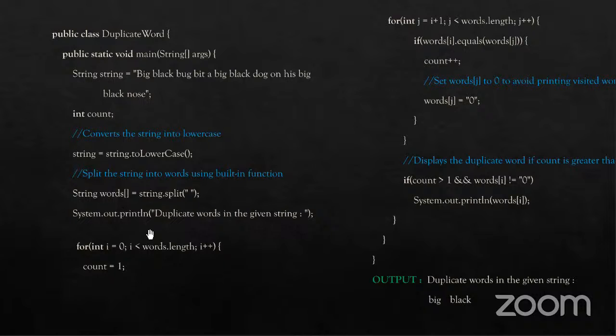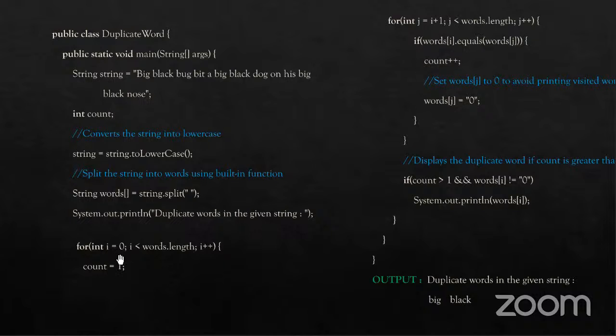Now we need to compare the words in that array, right? Here I am printing the duplicate words in the given string, and initializing a for loop just like the program we saw before, for counting the duplicate words.